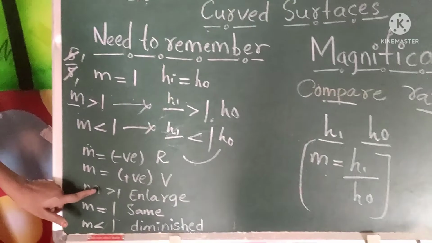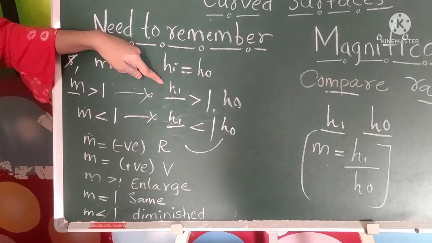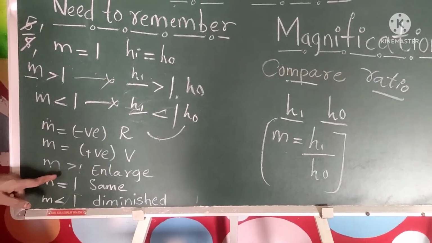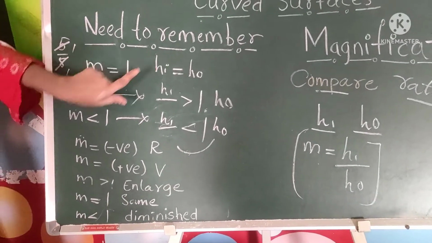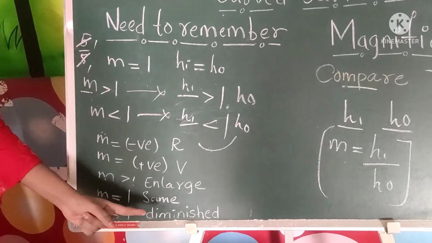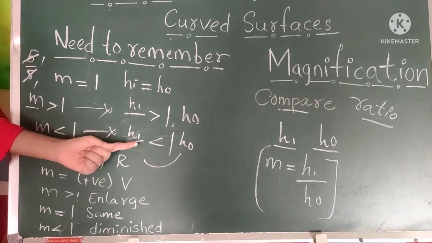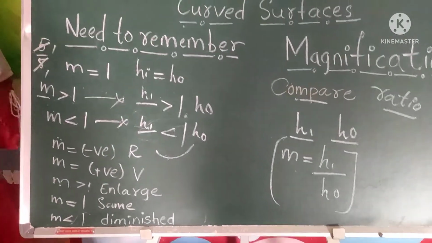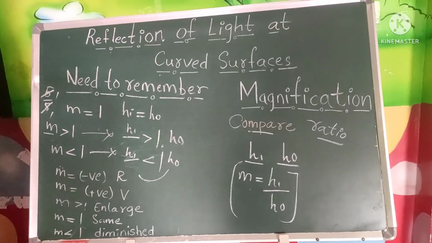And if the magnification is greater than 1, it is enlarged, as I told you, height of image is greater than height of object. If the magnification is equal to 1, it is same size, as we discussed, right? If the magnification is less than 1, it is diminished. So we need to remember these things. It is very important. It may come in MCQs.